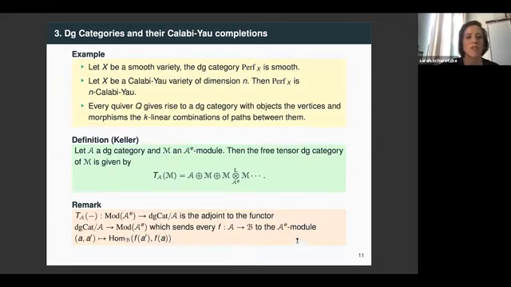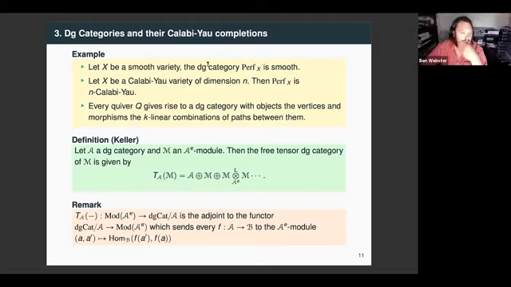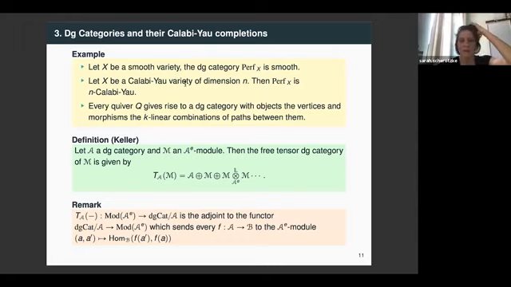Okay, some simple examples. If I have a smooth variety X, then I can look at the perfect complexes over X. This category has a DG enhancement, and it will be a smooth DG category. If X is a Calabi-Yau variety of dimension n, then the DG enhancement of the perfect complexes of X is n-Calabi-Yau. Also, later on we are going to consider a quiver as a DG category.